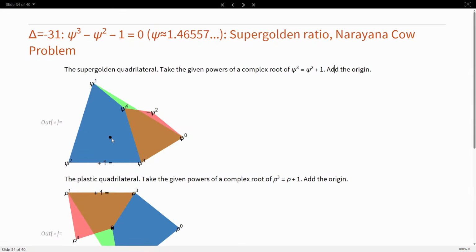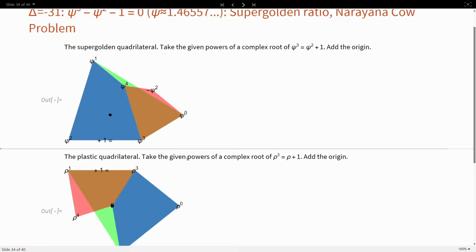And if we add in the origin and the negative of the second power, we can draw a quadrilateral for the 0, 1, 2, 3 powers, and we can split it into two more quadrilaterals using these extra 2 points. And it turns out this makes a fractal tiling system.